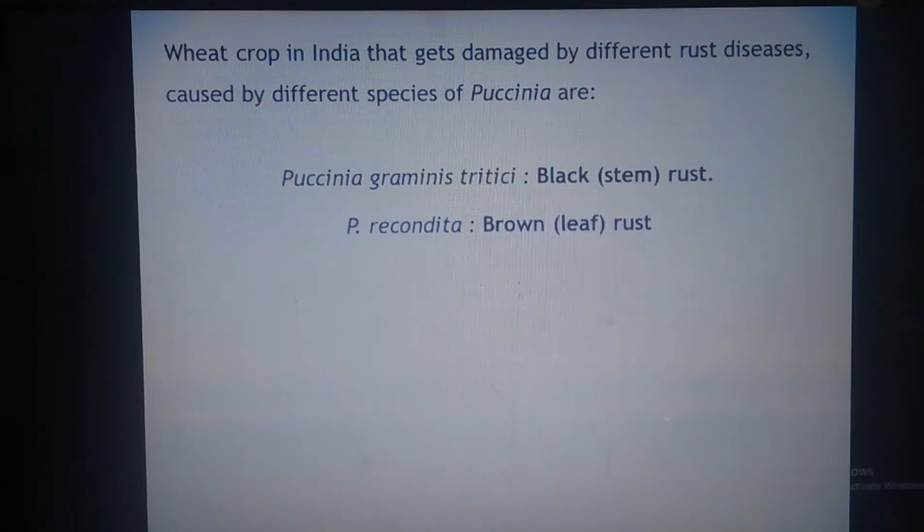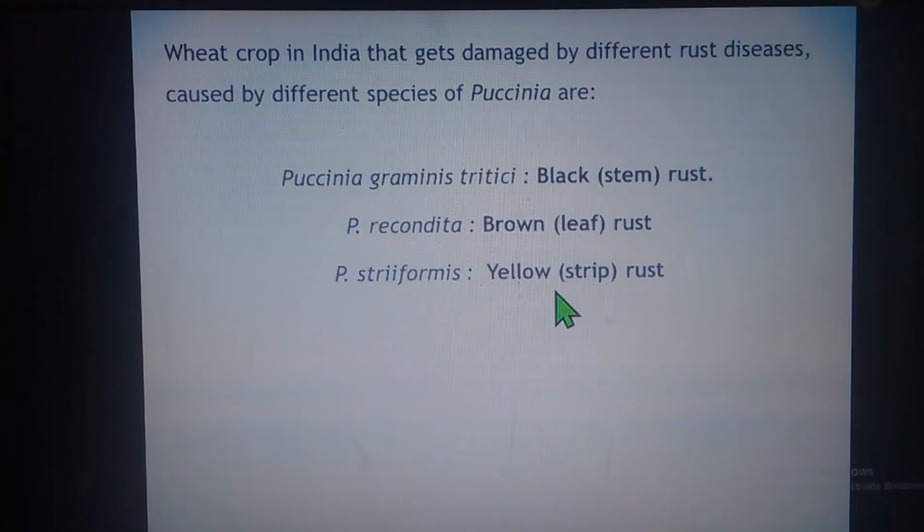The brown rust on the leaf is caused by Puccinia recondita, and Puccinia striiformis causes yellow rust. So these are the most common rust diseases caused by species of Puccinia in the wheat crop in India.